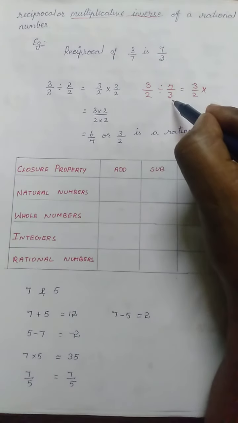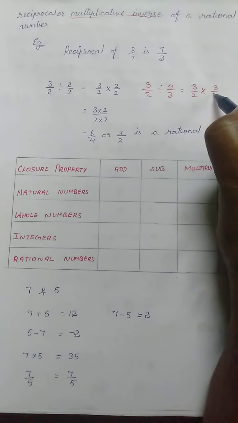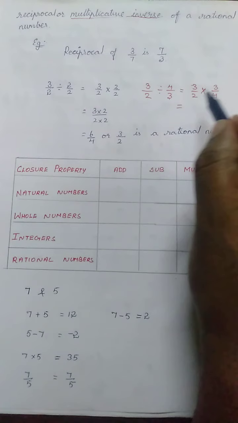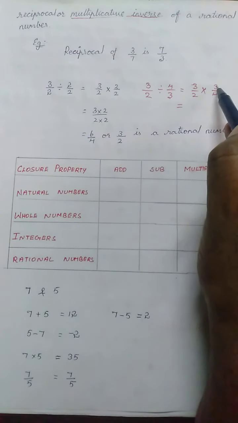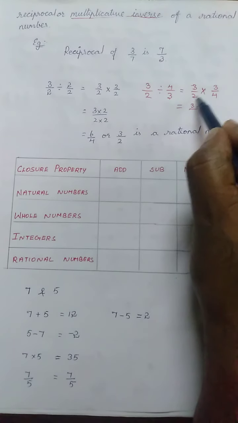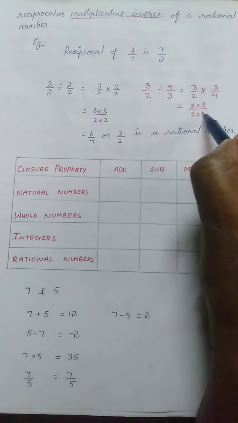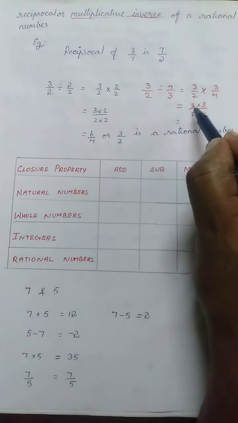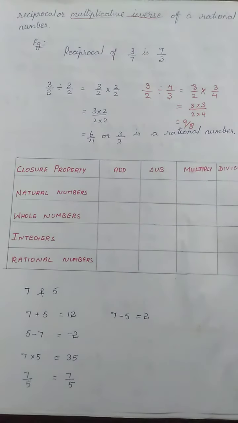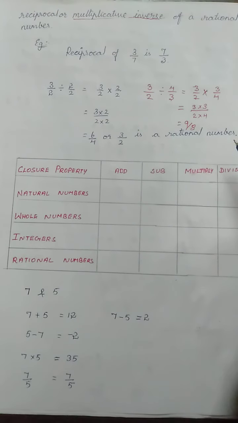That is, 4 by 3 will become 3 by 4. Now multiply the numerators, 3 into 3, the whole divided by 2 into 4, which will give you 3 3s are 9 by 8. So again we get a rational number.